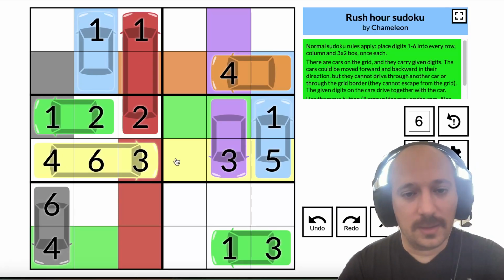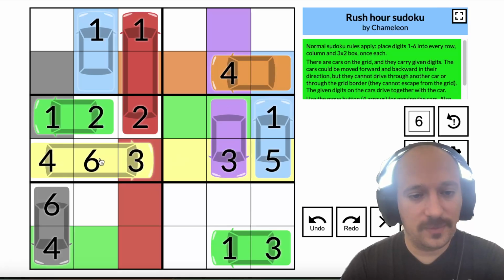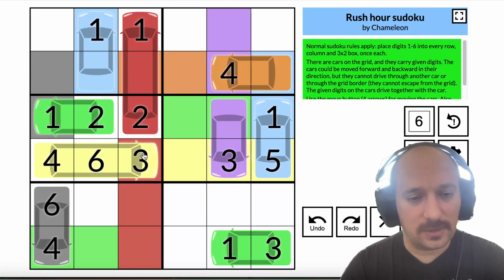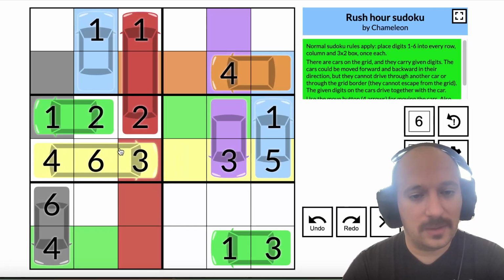So we cannot do anything with the purple until we move the red one. Sorry, until we move the yellow one.